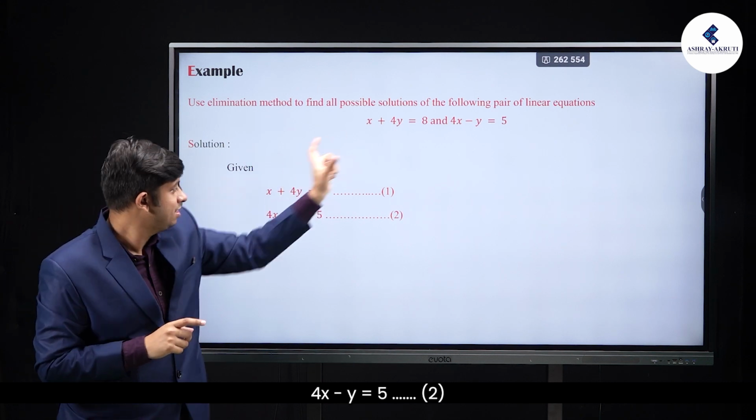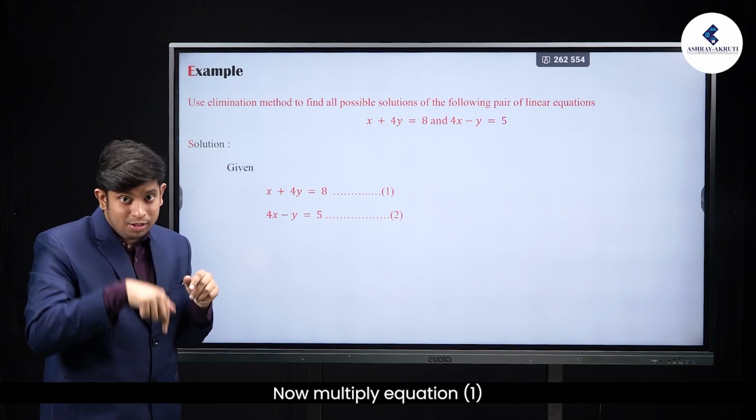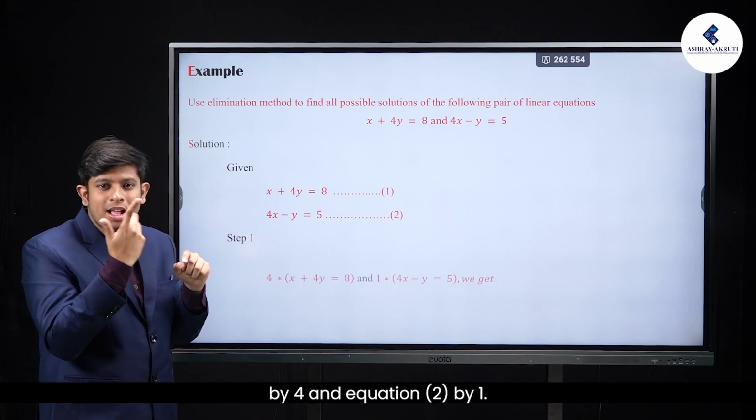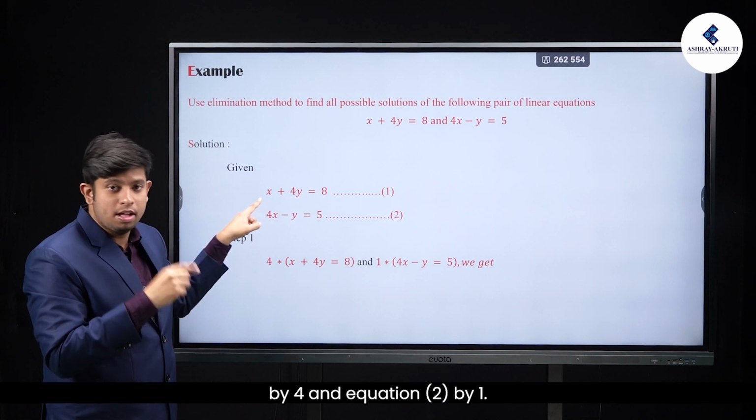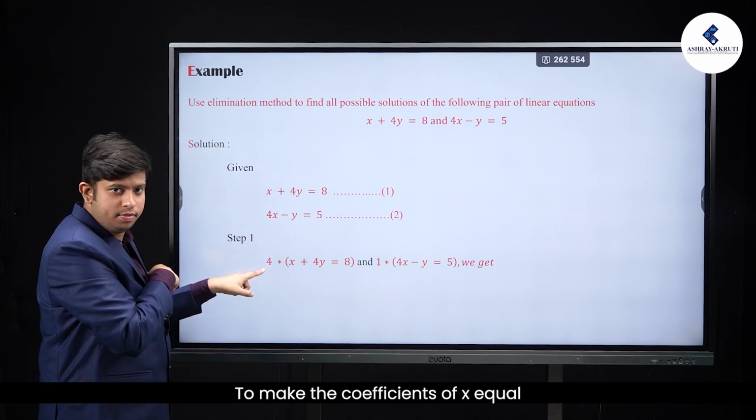Step 1. Now multiply equation 1 by 4 and equation 2 by 1 to make the coefficients of x equal.